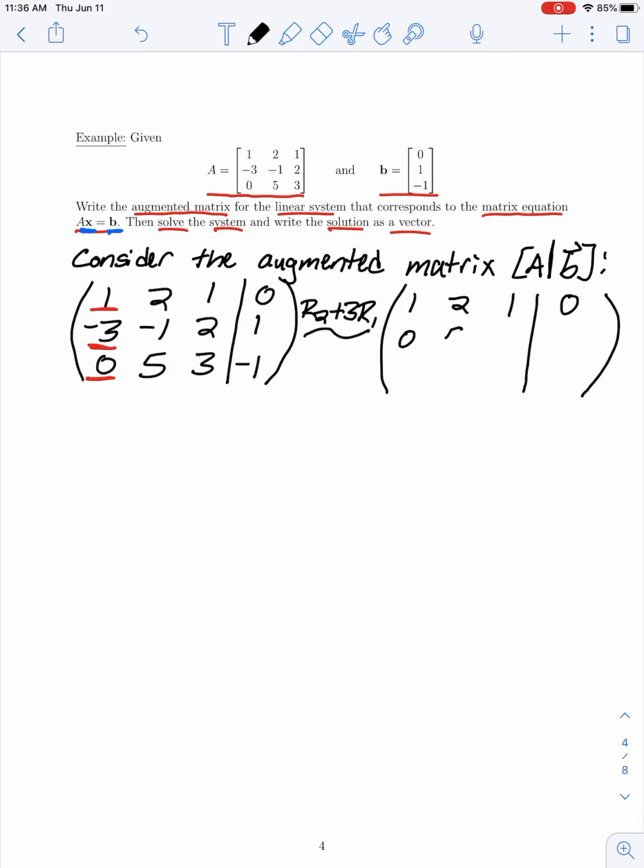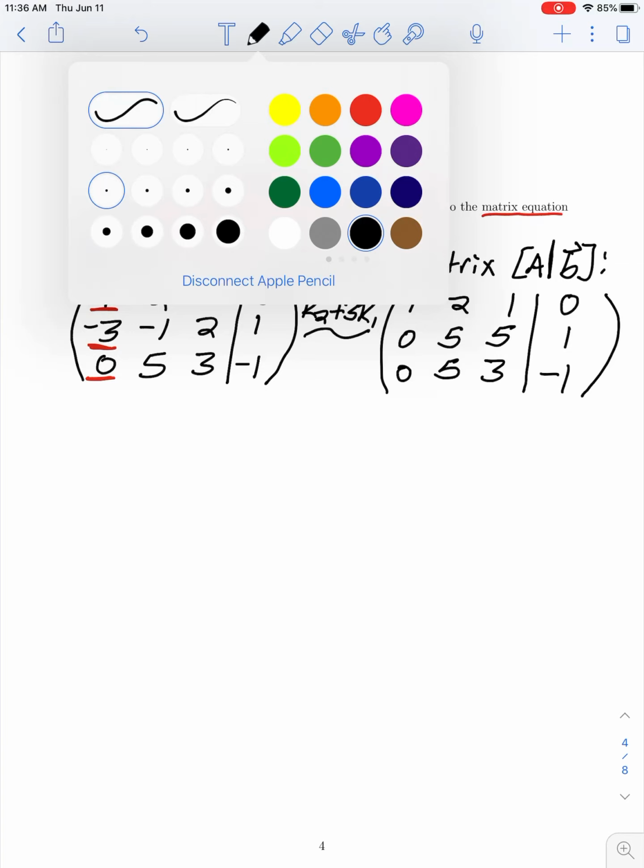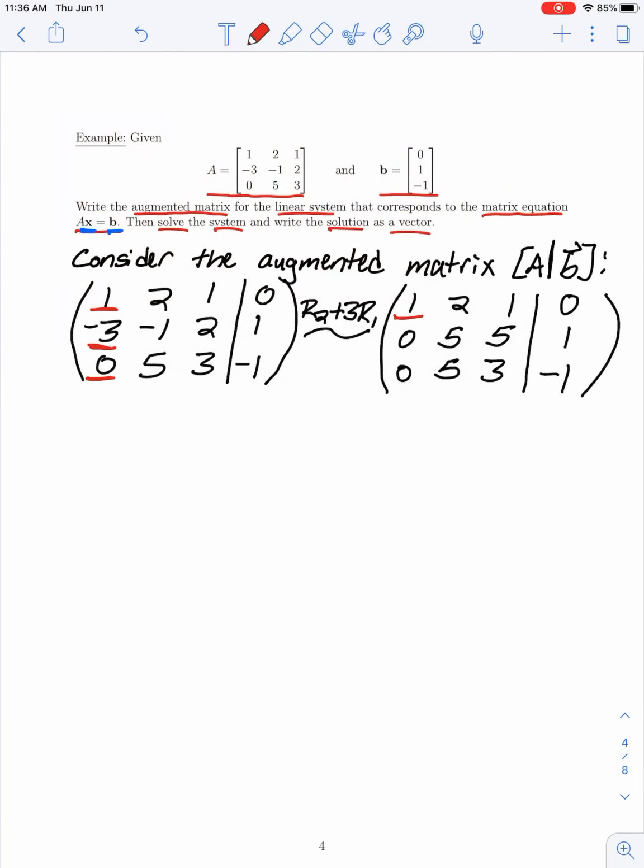I've got 6 minus 1 would be 5. 3 plus 2 is 5. And then 0 plus 1 would give me 1. And for now, I'm going to leave my third row alone. 0, 5, 3, -1. So my first column is exactly what I want for reduced row echelon form. I've got a 1 for the leading entry in my first row, and zeros everywhere above and below it.